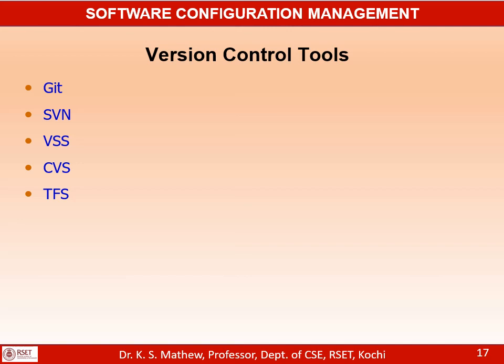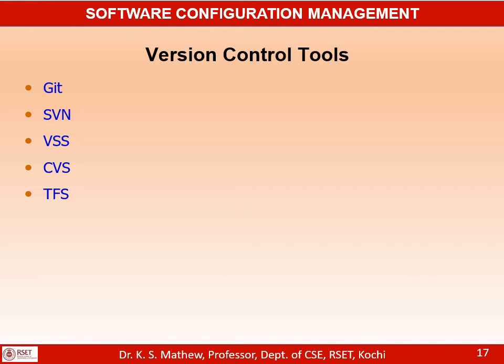So in order to do this, there are a lot of version control tools, software tools available, to help the configuration manager in charge maintain the versions of work products and various files. Software projects use these tools to maintain a repository of various work products in the project. These are the common tools used by project teams. Git is a recent, very new tool. A lot of people use Git, GitHub, etc. Then there is a free software version control tool called Subversion or SVN.